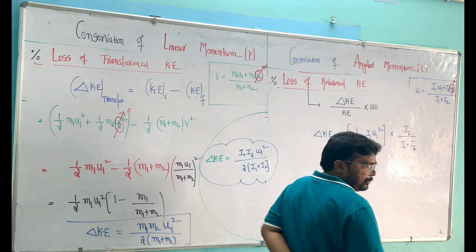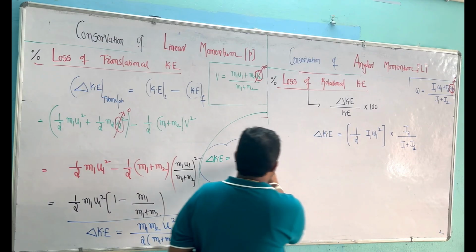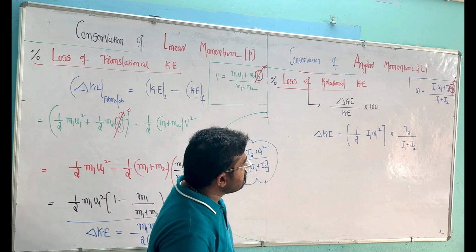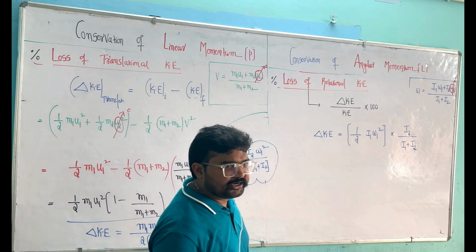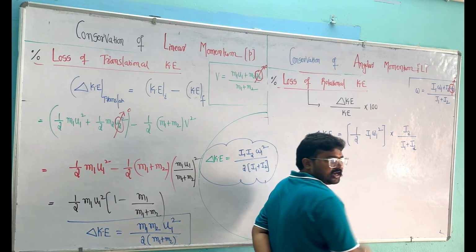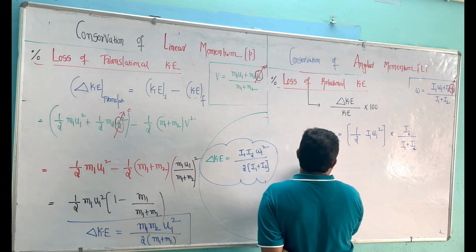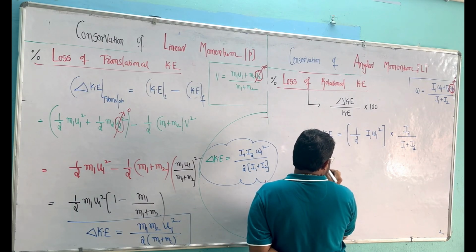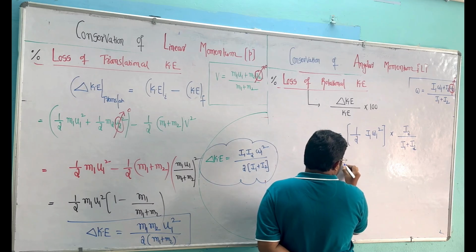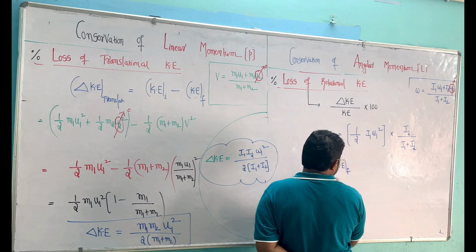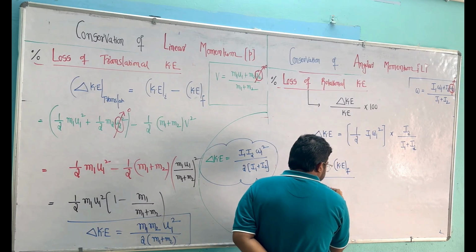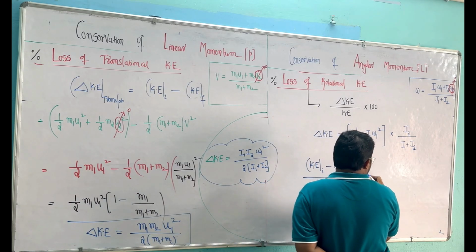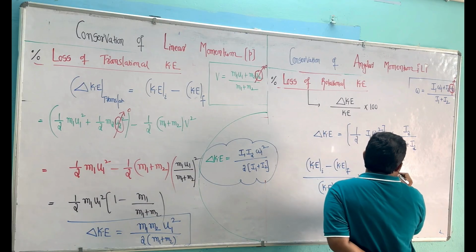ఇది అర్థమవుతుందా? ఇదే కదా అది. Half of I1 omega 1 square into I2 by I1 plus I2. This is what? Initial kinetic energy. So this you can write as kinetic energy initial minus kinetic energy final by kinetic energy initial into 100 equal to how much?